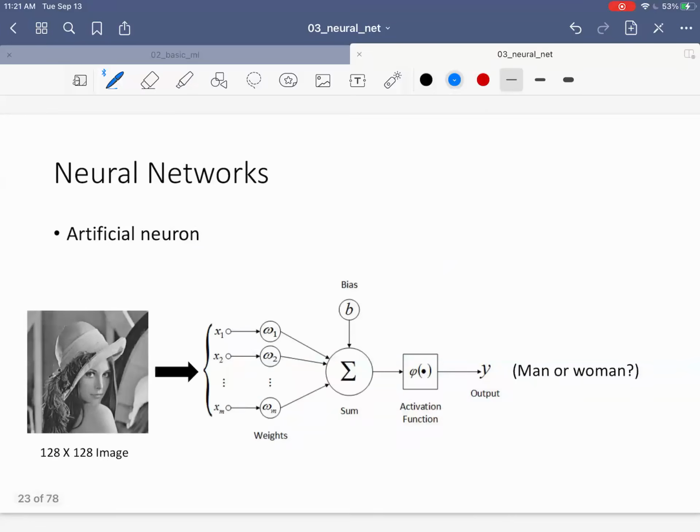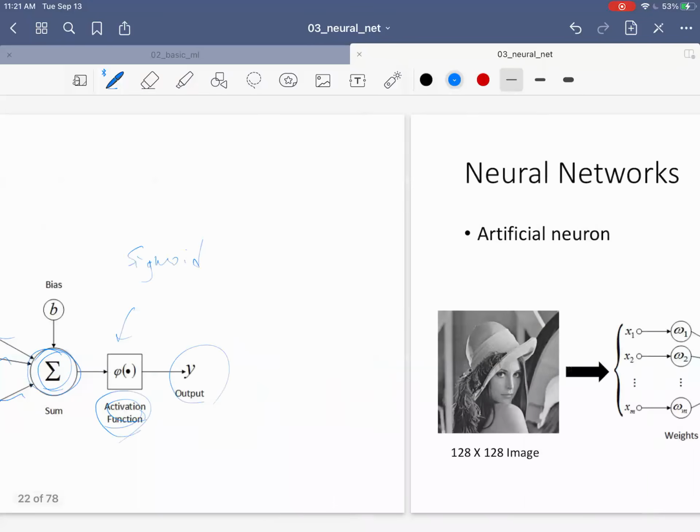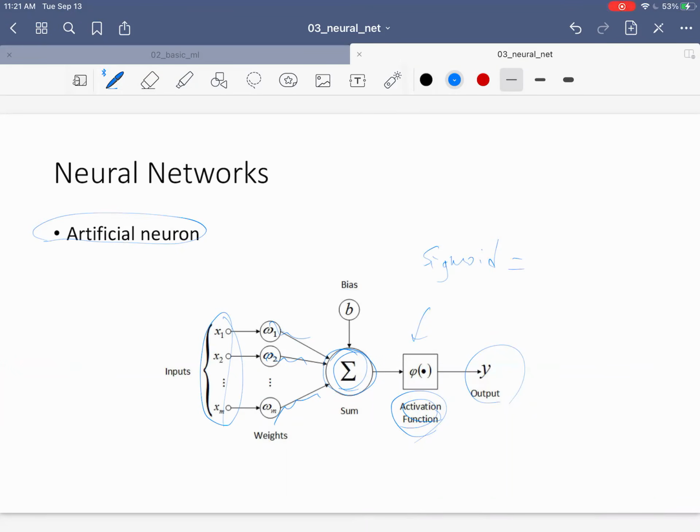So sigmoid function looks like this: 1 plus e to the minus, well, I'm just gonna call it x. So sigmoid function is exactly like the logistic regression graph here.